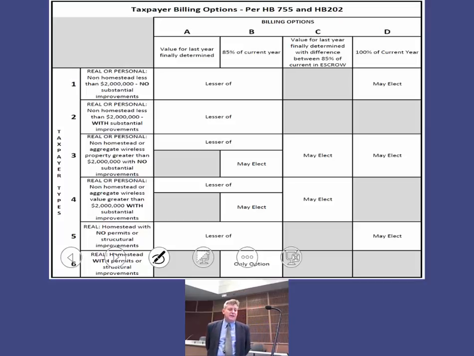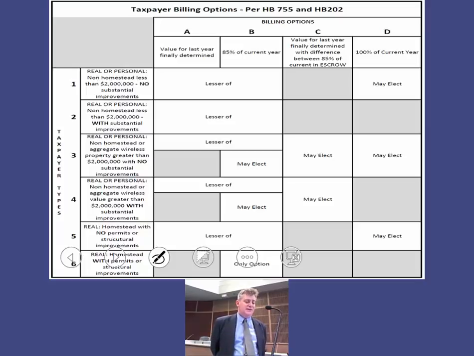But generally, effective in 2014, if a taxpayer has his property under appeal, the Board of Tax Assessors is required to specify, in general, the lesser of the most recent year that's not under appeal or the 85% value. And that's the basis of the temporary tax bill for properties under appeal.